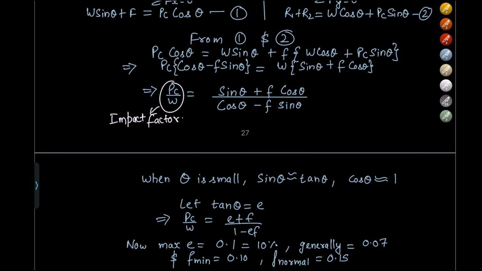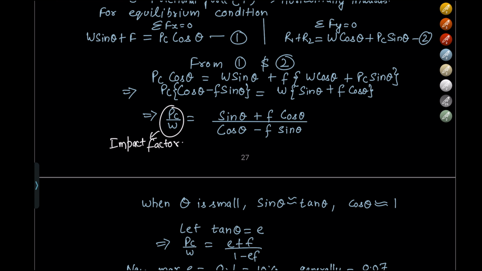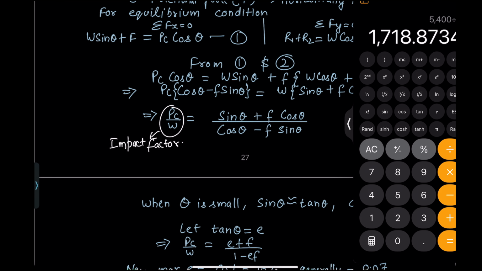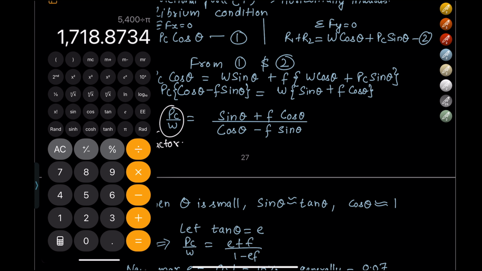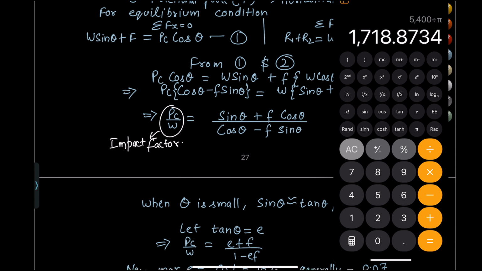One thing to be noted down is when theta is small, sin theta is approximately equal to tan theta. We can also have a look at this in the calculator. Let us assume that sine of 1 is divided by tan of 1.